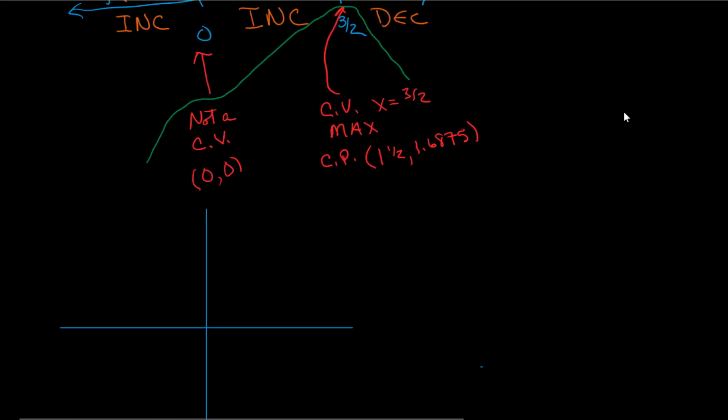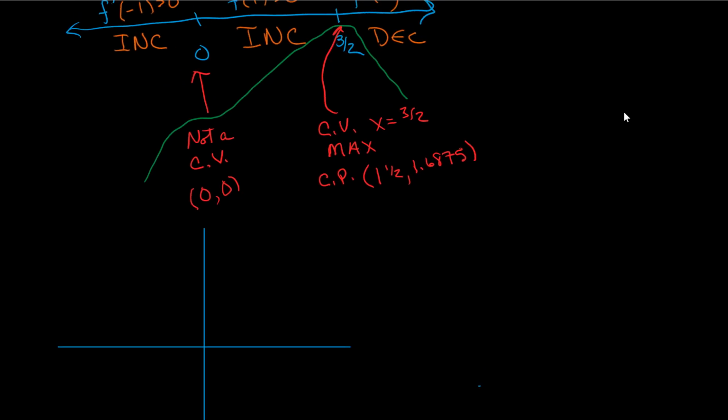put in a graph. Now, notice here, I was careful where I put my graph. I put my graph so that x equals 0 lines up with the y-axis. At x equals 0, we have a point 0, 0.